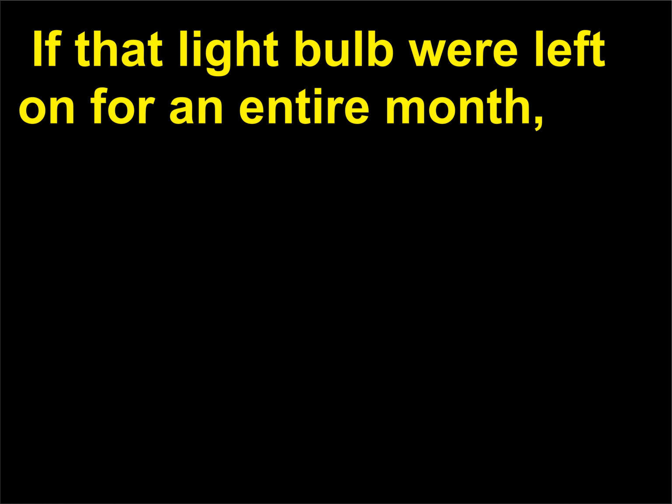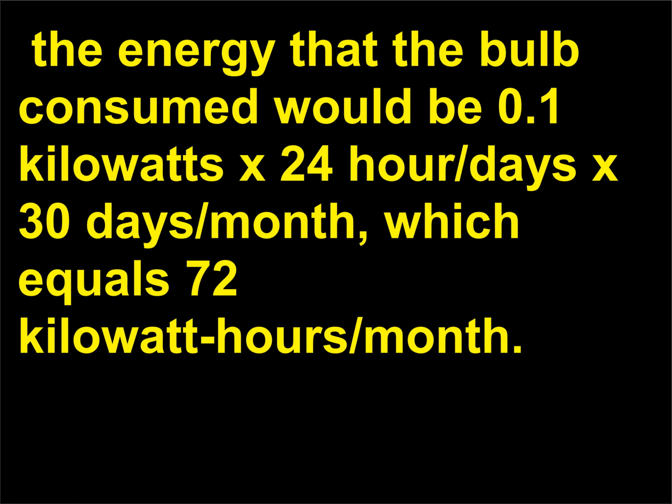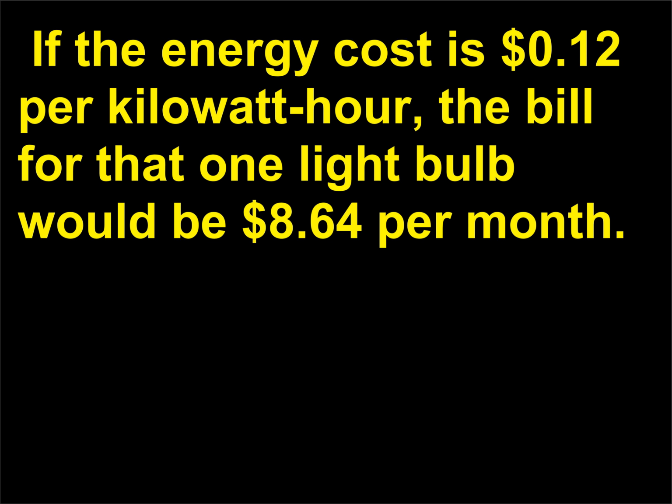If that light bulb were left on for an entire month, the energy that the bulb consumed would be 0.1 kilowatts x 24 hours/day x 30 days/month, which equals 72 kilowatt hours/month. If the energy cost is 12 cents per kilowatt hour, the bill for that one light bulb would be $8.64 per month.